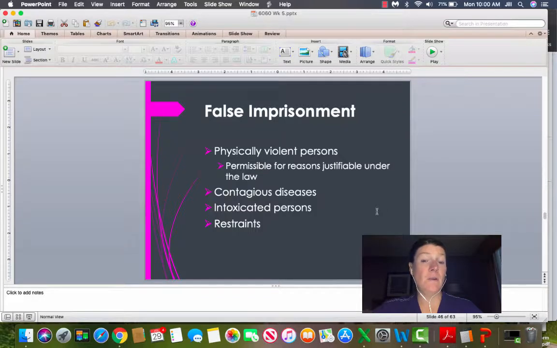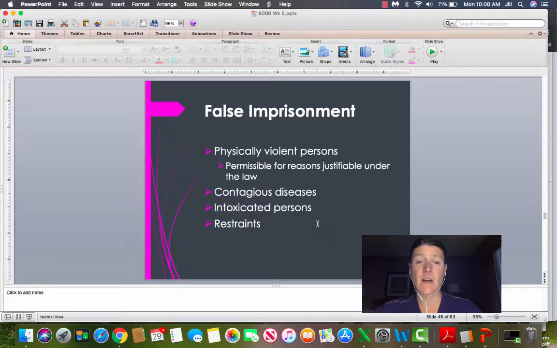Another situation might be intoxicated persons. They may be so intoxicated that they could cause injury to themselves, and we may try to keep them in-house. However, without appropriate paperwork from the police department, in most cases, we can't keep them. They do have their own free will. Same with restraints.